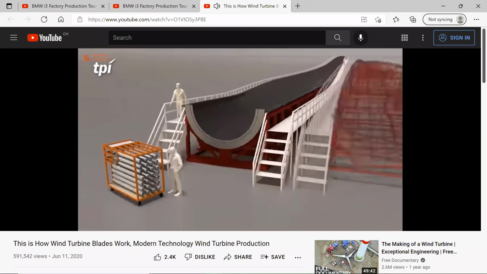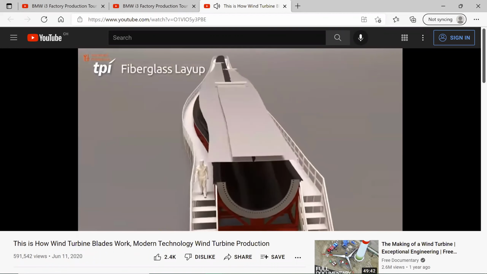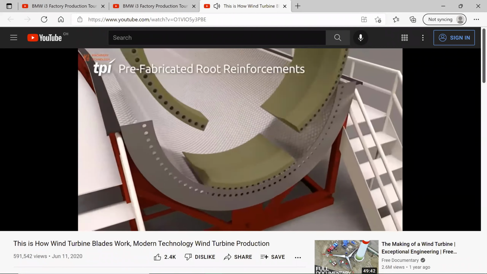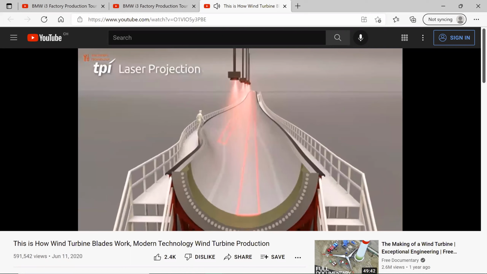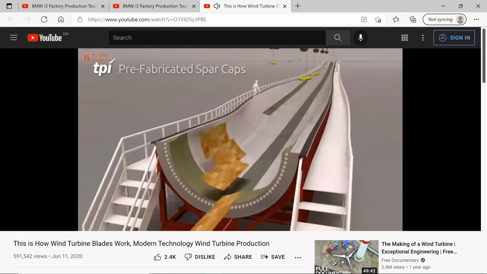Basically made of 2 shells. Blade. You put your fiberglass mold. Okay.